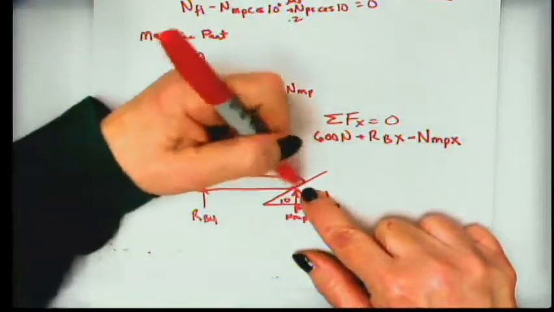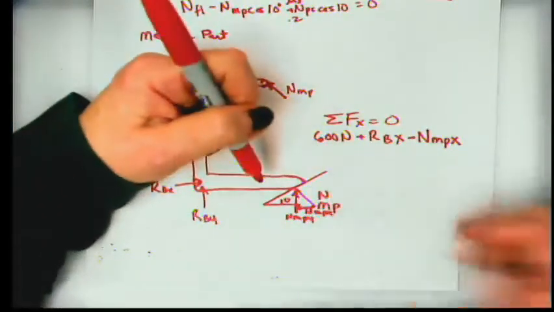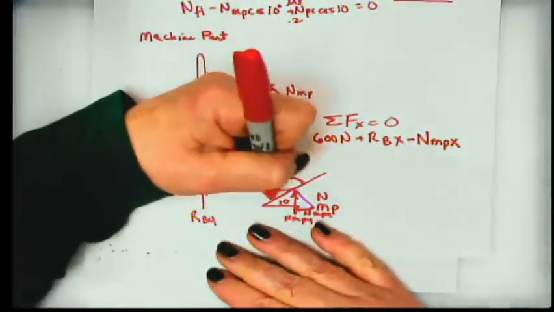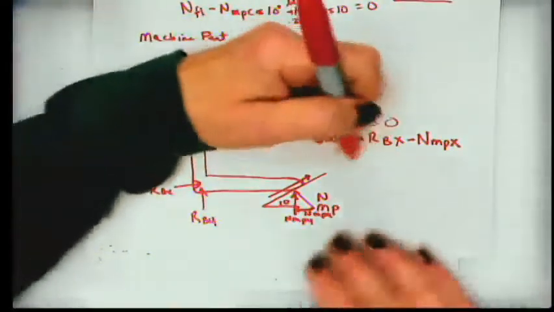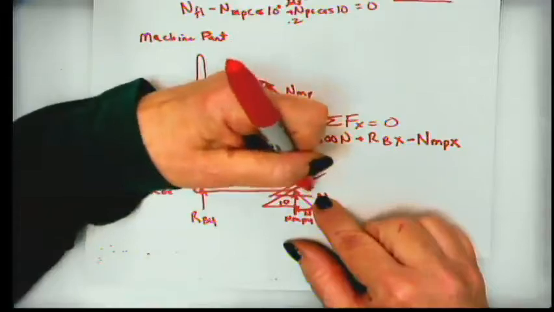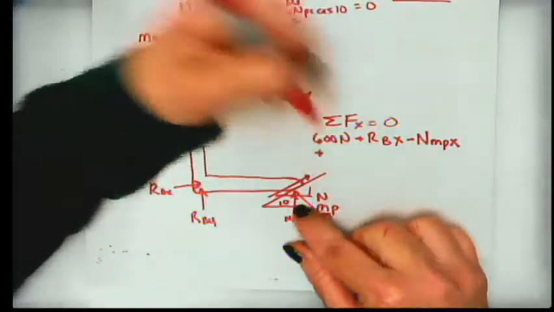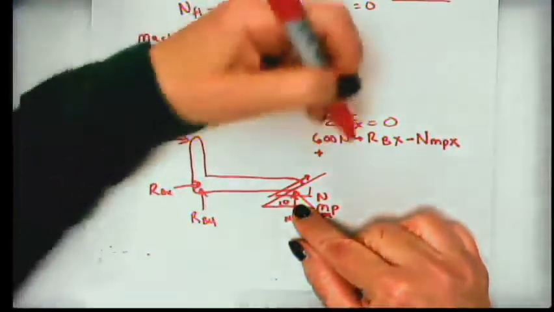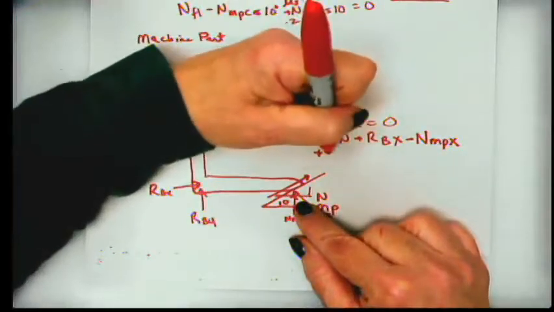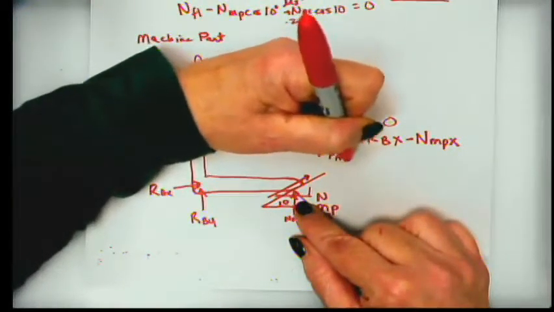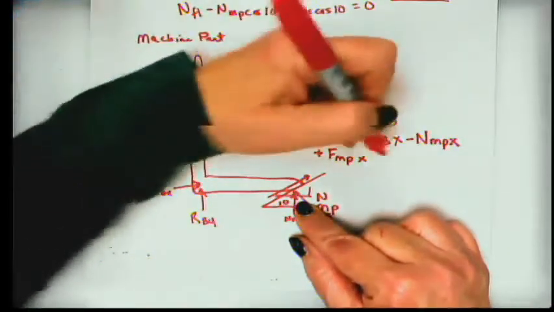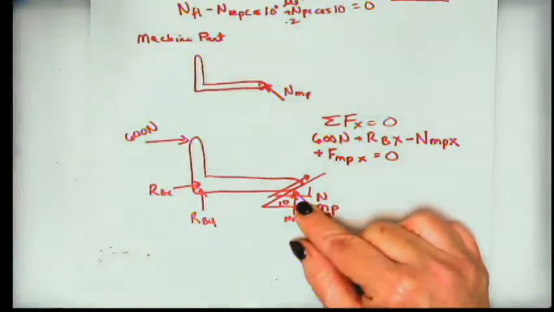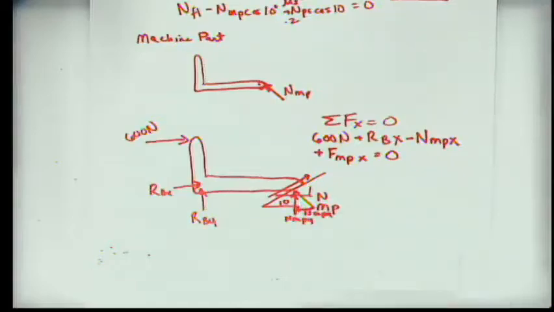And then similarly, if this wants to move this way, the frictional force is going to be looking this way. So in the x direction, it's going to look like a plus, which is kind of weird, but there it is, plus the frictional force from the machine part in the x direction. And those four things added together are going to equal 0.